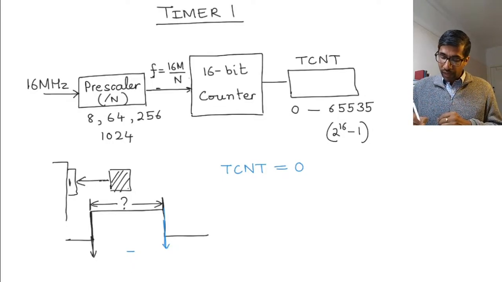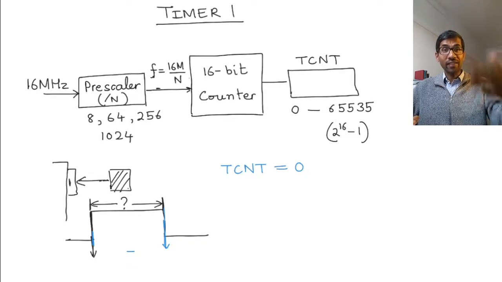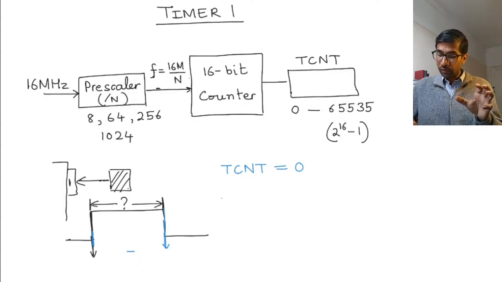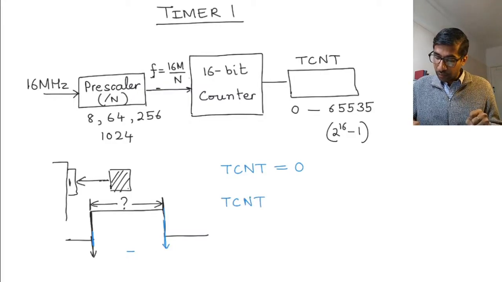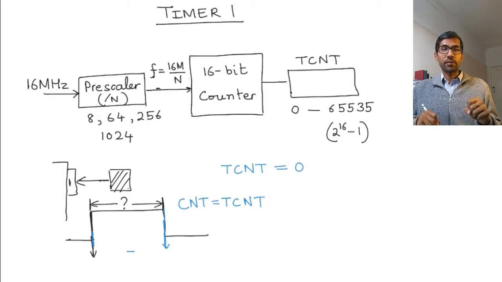So at the starting of this one, we reset the timer, made T count equal to 0 and started the timer. And at the end, we stop the timer, or what we do is we read T count, and let's say we store it in a variable called count. Make count equal to T count. Now what is the time that has elapsed? It's fairly straightforward, right?